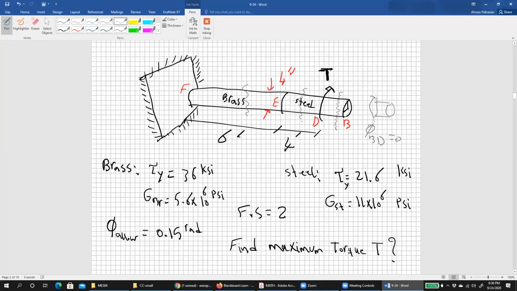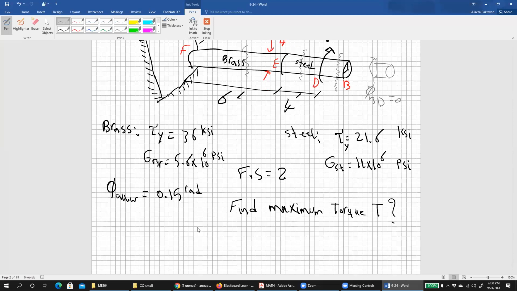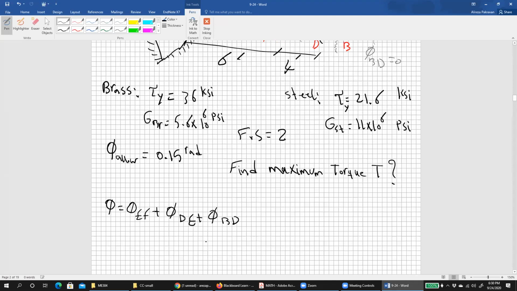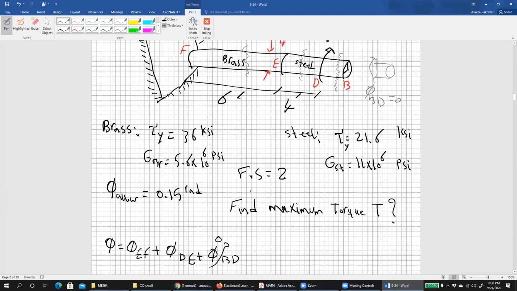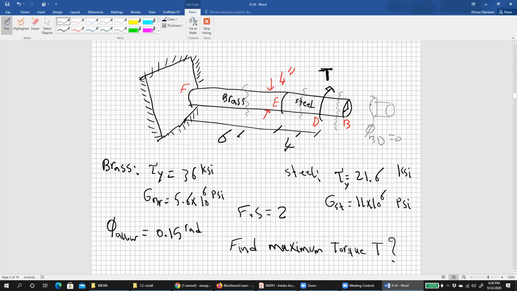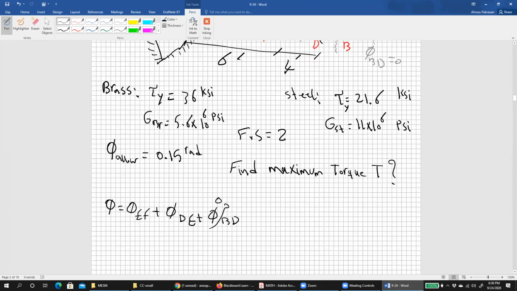So phi would be phi EF plus phi DE plus phi BD, and phi BD is 0 because the summation of T equals 0. It doesn't affect the answer.